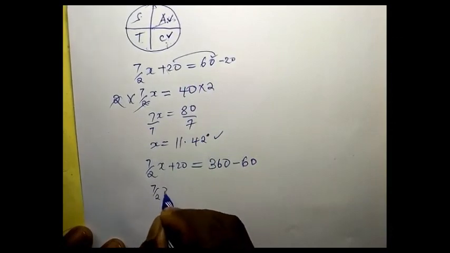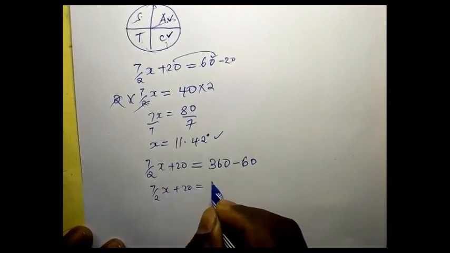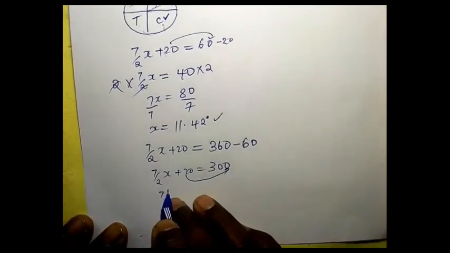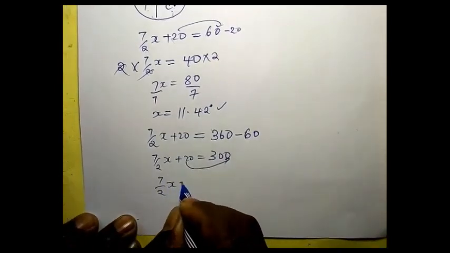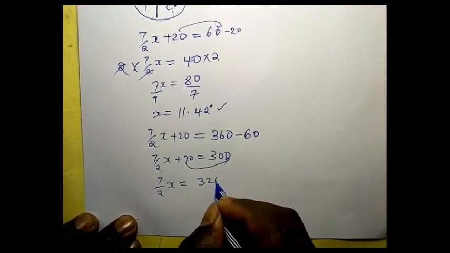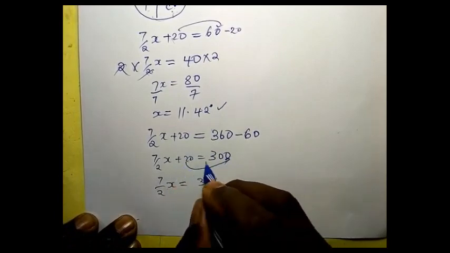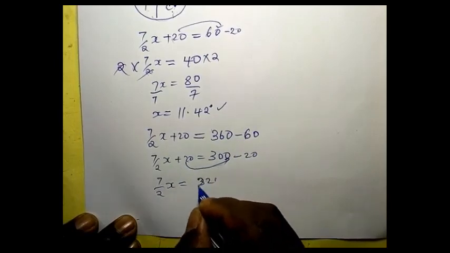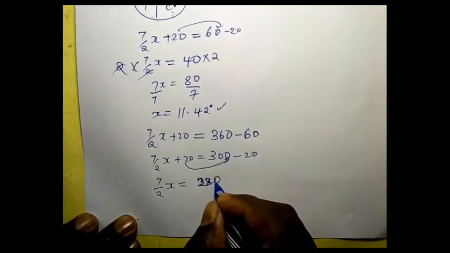So 7/2 x plus 20 will be equal to 300. Putting like terms together and subtracting 20, 7/2 x equals 280.